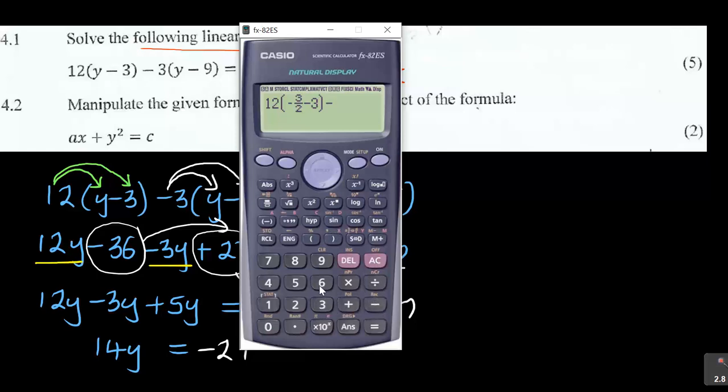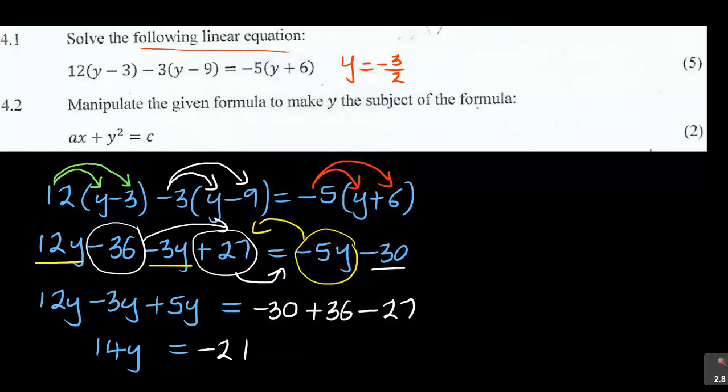Then minus 3, you open another one, negative 3 over 2, which is y, minus 9, then you close the bracket. What I have on the left hand side is minus 45 over 2.